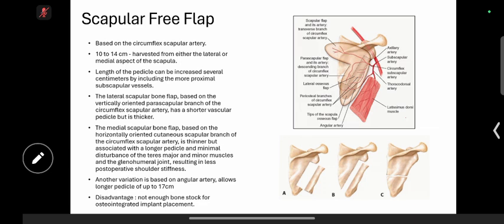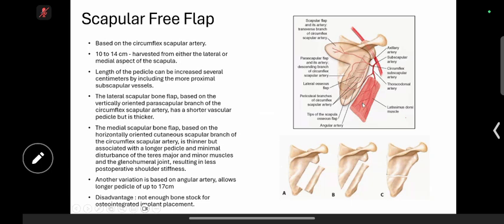The lateral scapular bone flap is based on the vertically oriented parascapular branch of the circumflex scapular artery. It has a shorter vascular pedicle, but it is thicker.